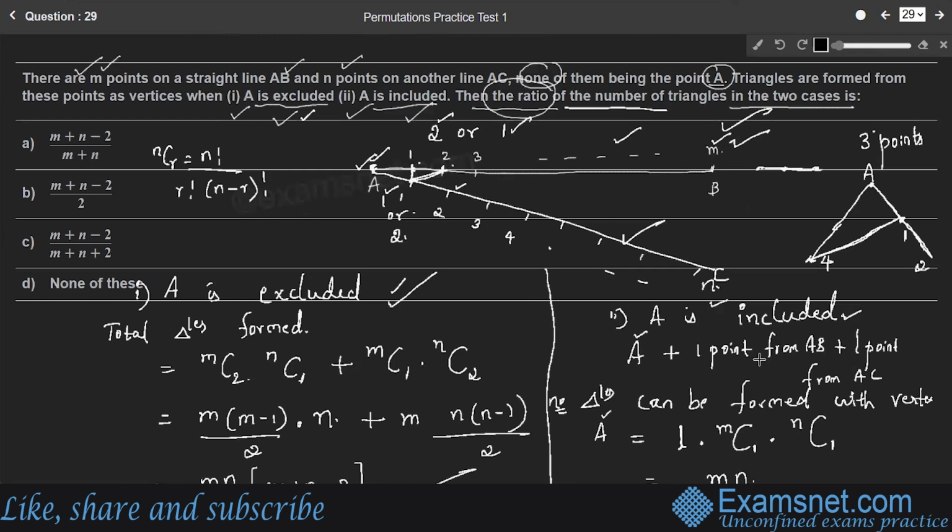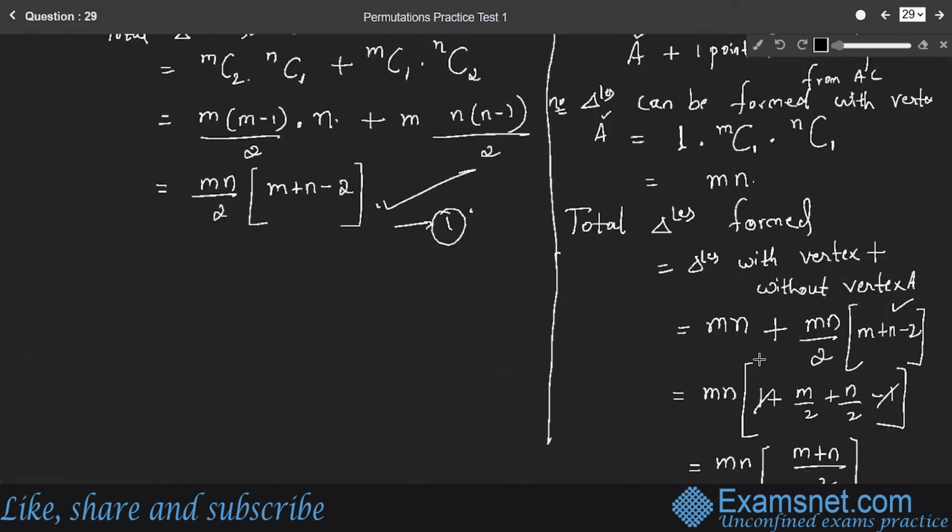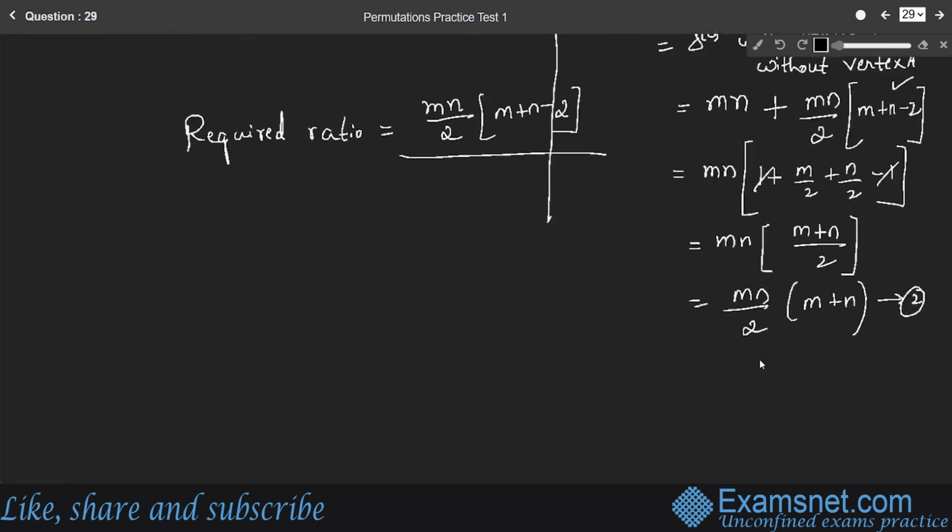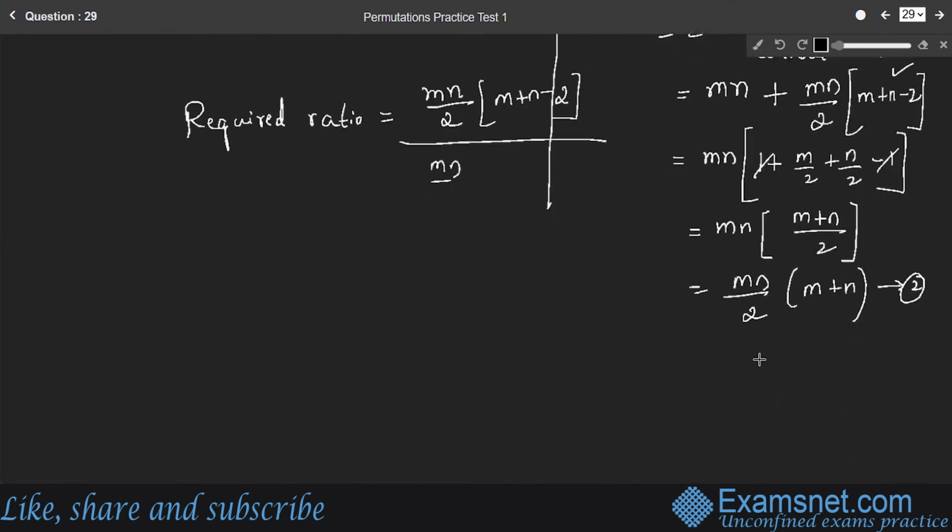The ratio of the number of triangles in the 2 cases: required ratio is, in the first case, when A is excluded, mn by 2 into m plus n minus 2 triangles can be formed. In the second case, mn by 2 into m plus n triangles can be formed.